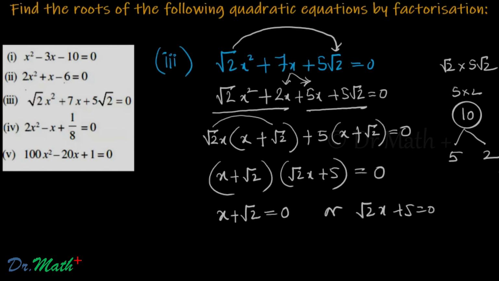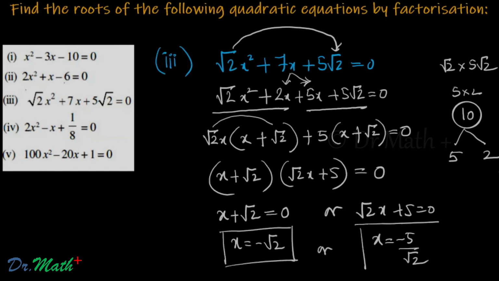If x plus root 2 is 0, then x will be minus root 2, or if root 2x plus 5 is 0, then x will be minus 5 by root 2.